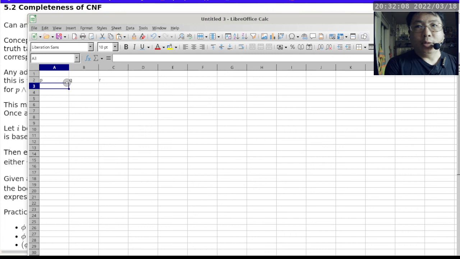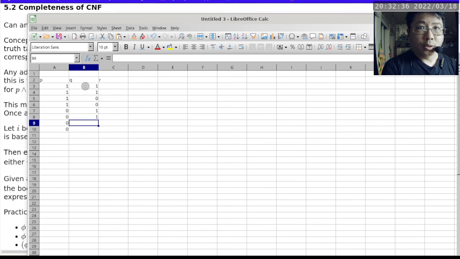And the way we derive a truth table is to first assign values to these variables. Now, if there are three variables, then we have 8 rows. Now, why do we have 8 rows? That's because when p is true and when p is false, q can be true or false.